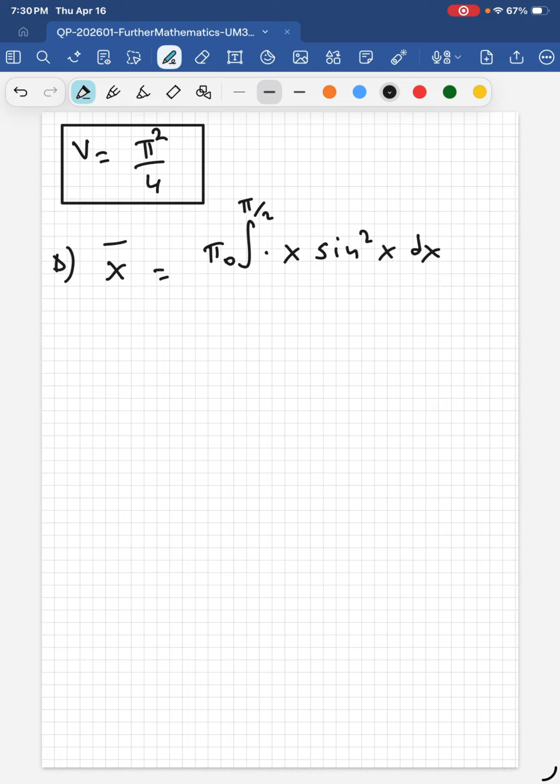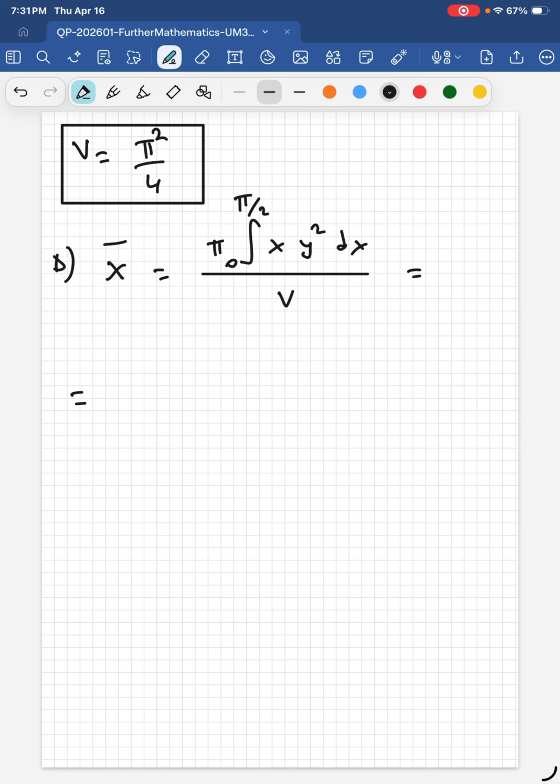Okay, I think I went a little bit too fast. Maybe let's write it like this. So the x center of mass is going to be pi times the integral from 0 to pi over 2 of x y squared dx over the volume that we just found.